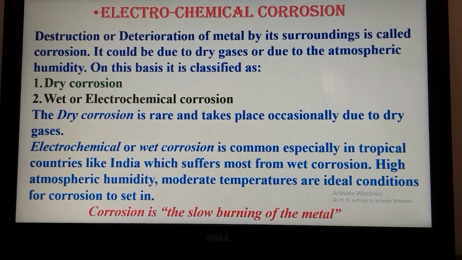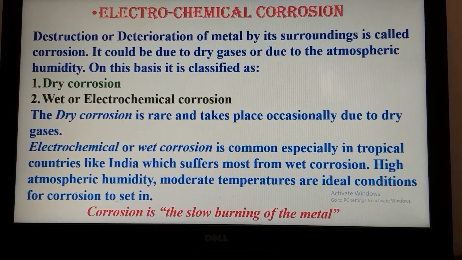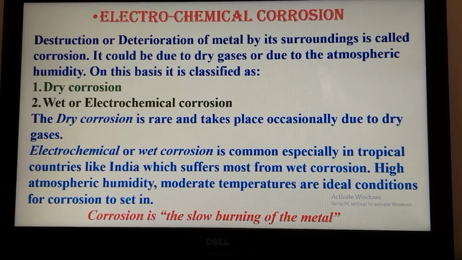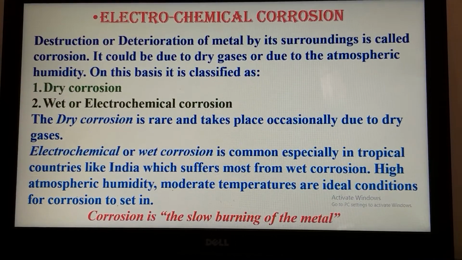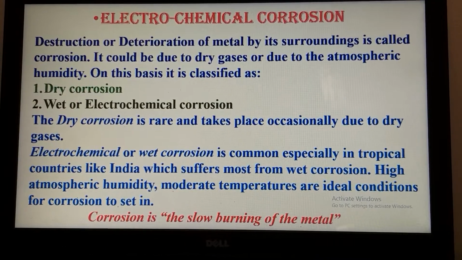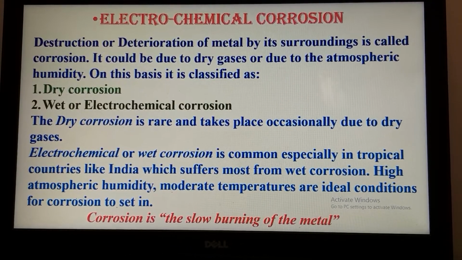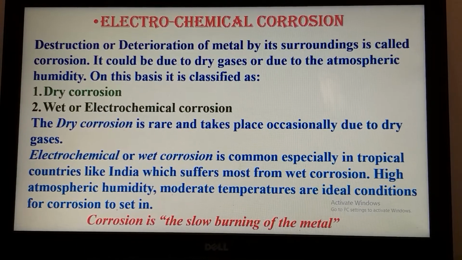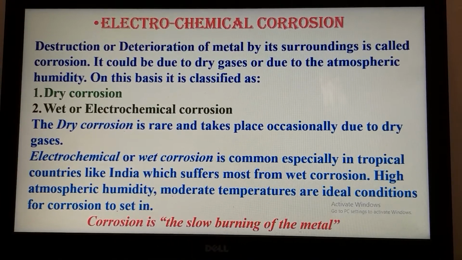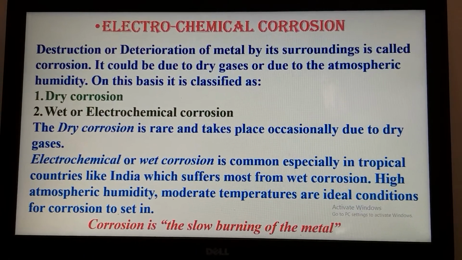On the other hand, electrochemical or wet corrosion is due to the attack of air along with the water vapor on the surface of the metals, leading to its severe deterioration or destruction. And this is termed as wet or electrochemical corrosion.